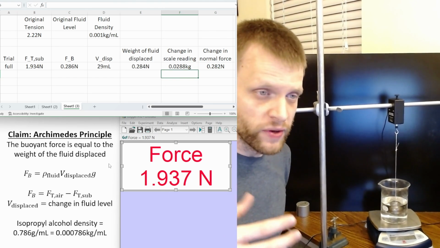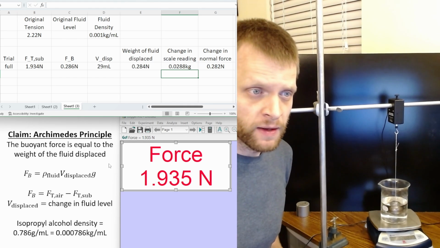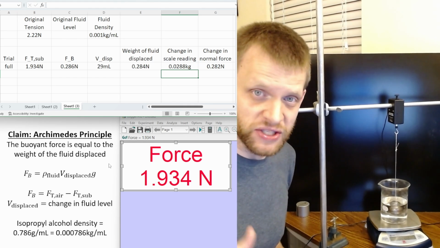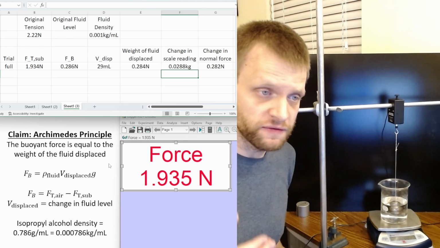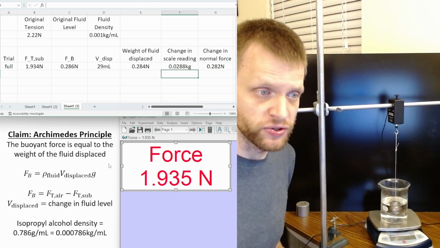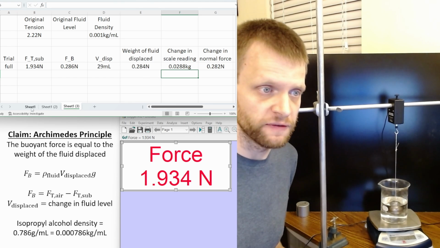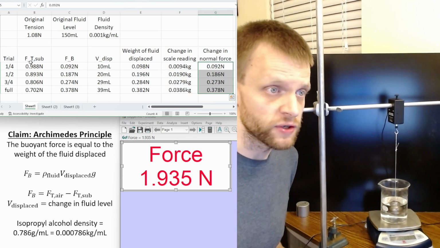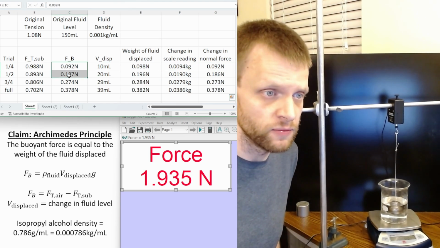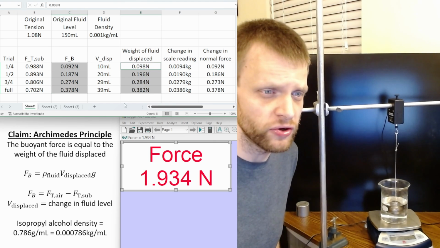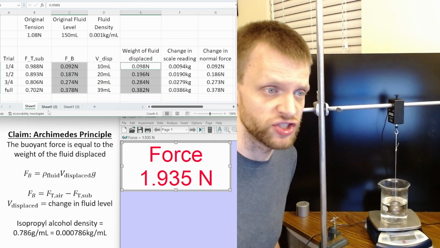So with all of this data that we've taken, we seem to have a lot of evidence that supports Archimedes' principle, this idea that the buoyant force is equal to the weight of the fluid displaced. It worked for the cylinder in ordinary water. When we compare those, we get pretty good agreements across the board.